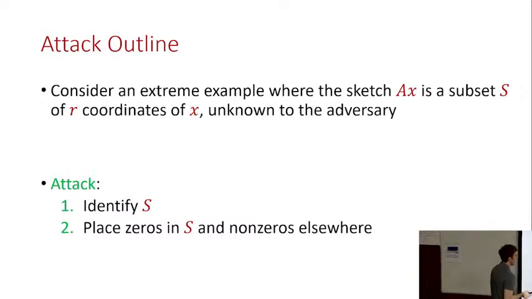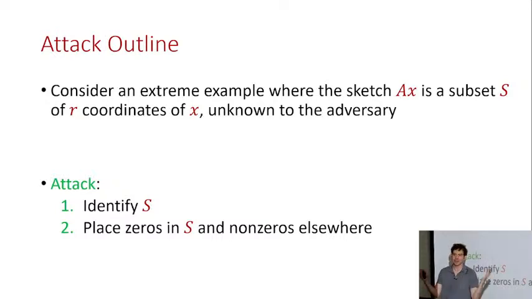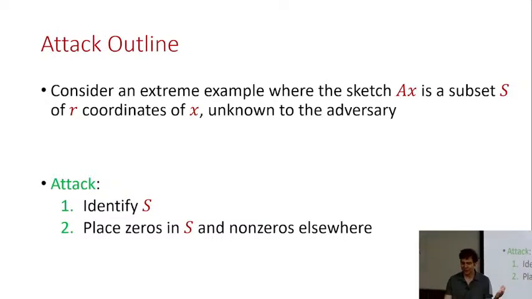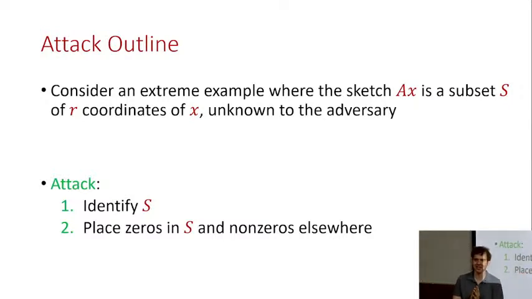After it does that, it places 0 in S and non-zeros elsewhere. So the streaming algorithm can't tell, it's just going to see zeros in its sample. It can't tell if elsewhere is all zeros or, say, all non-zeros. But since the size R of S is small, the L0 norm differs by at least a constant factor in one case versus the other, and so it's going to get the wrong answer.